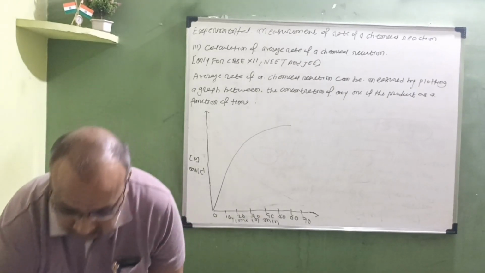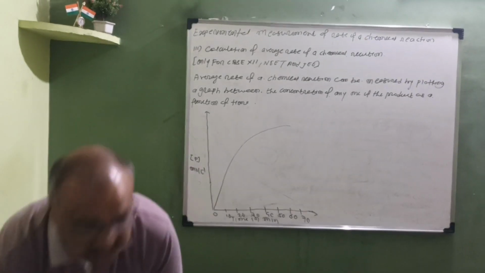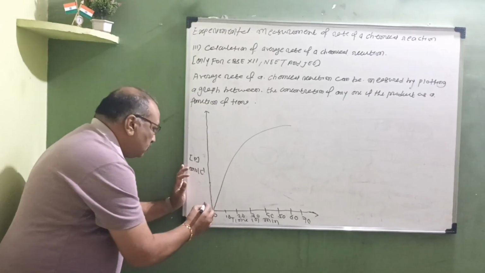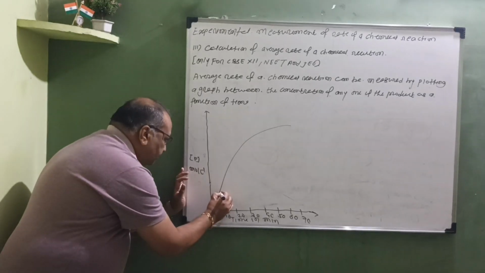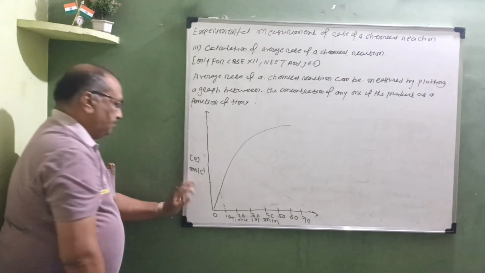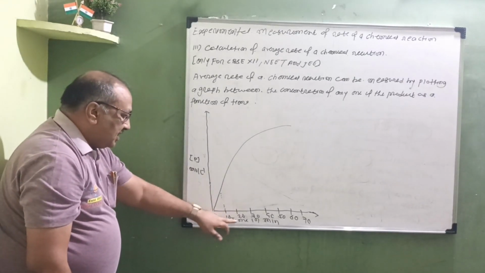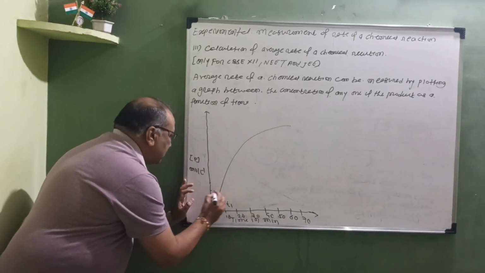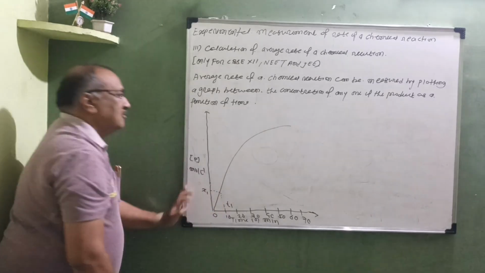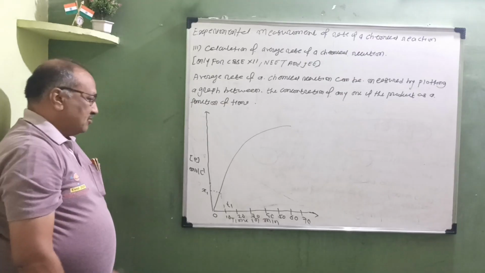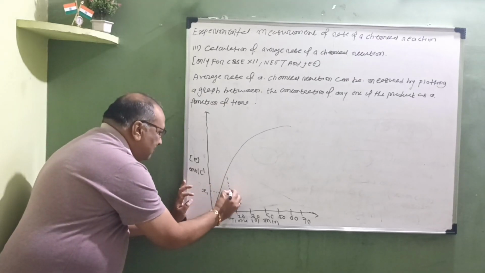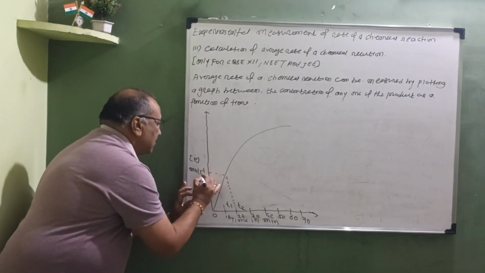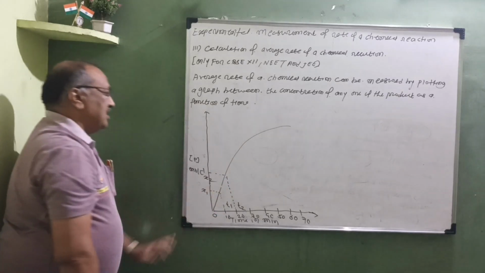Now here you can consider again time 10 minutes, that is t1, and concentration corresponding to t1 is called x1. Here consider time t2 and concentration corresponding to the time is x2.